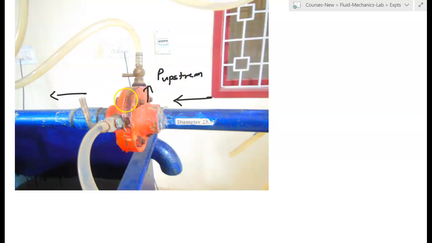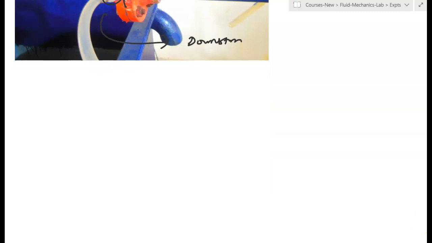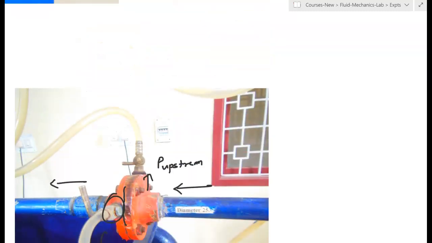You have the orifice plate here between the two flanges; you cannot see it from outside. And this port is the downstream port. So you have to see where the upstream port and the downstream port are connected on the gauge, and accordingly take the reading. Do note down the least count of the gauge in your observation column.